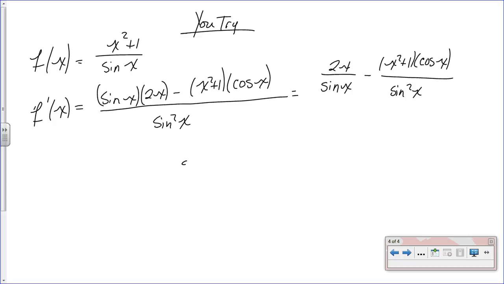Or you could also say 2x cosecant x minus x squared plus 1 cotangent x cosecant x.